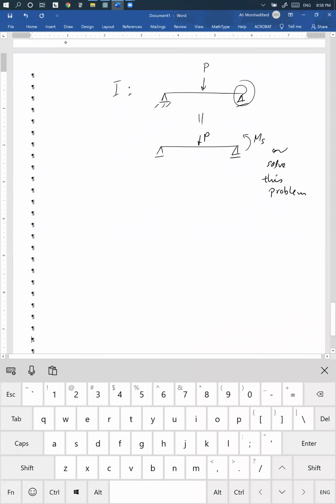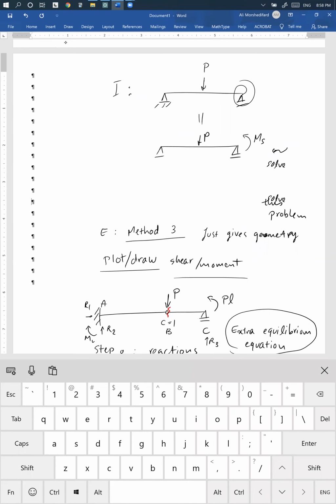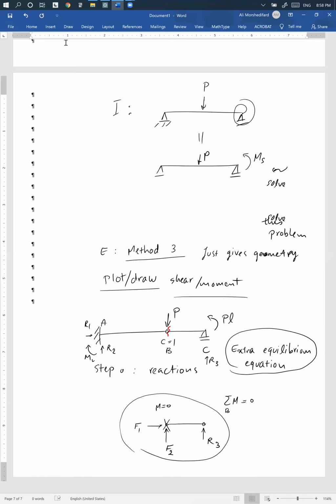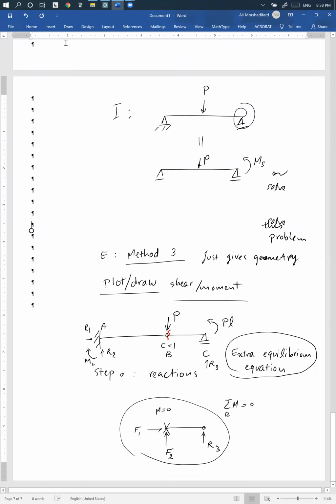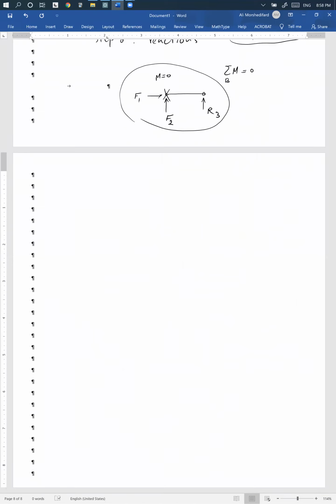So I've cut this segment out. These F1 and F2 are internal forces here. So if I write sigma MB is 0, as we saw, we can take any direction as positive.